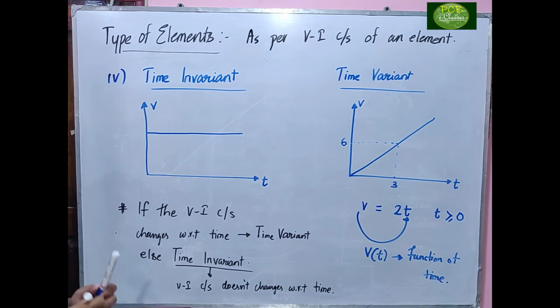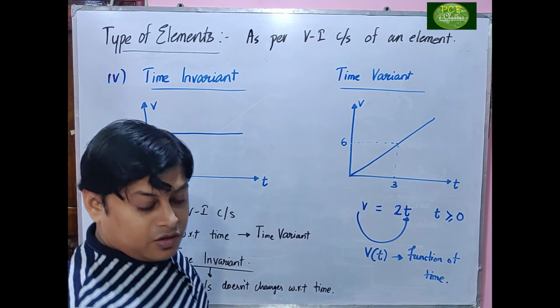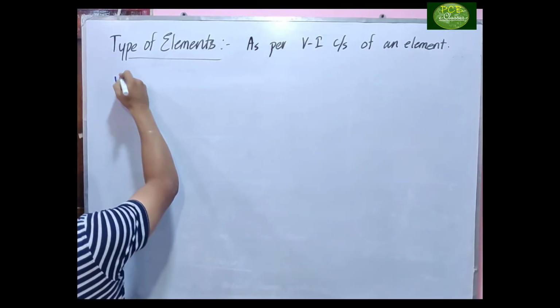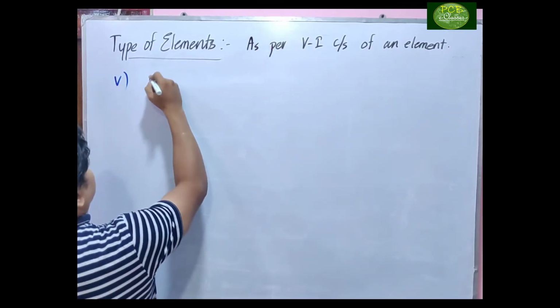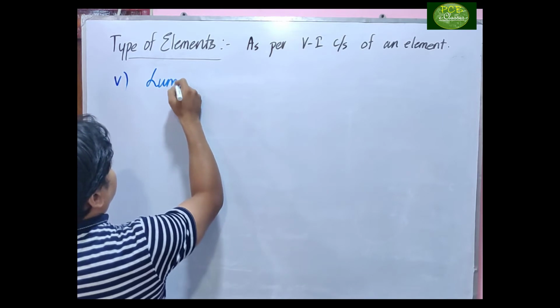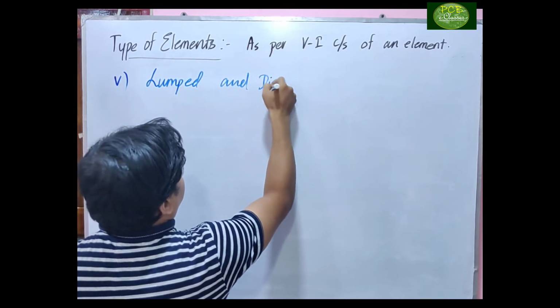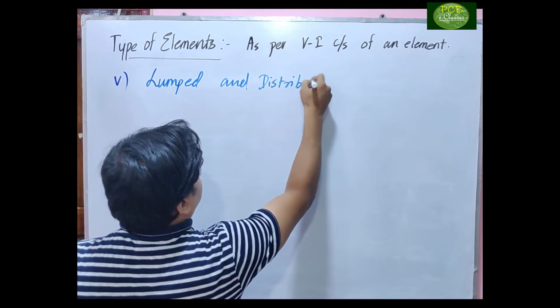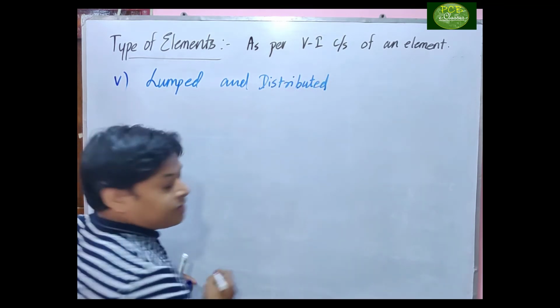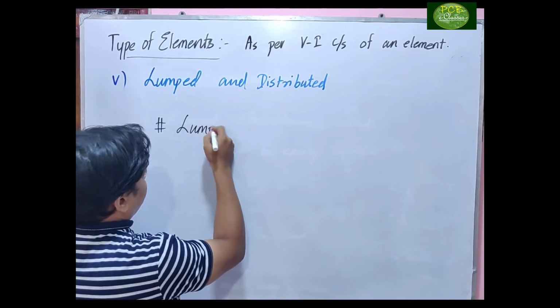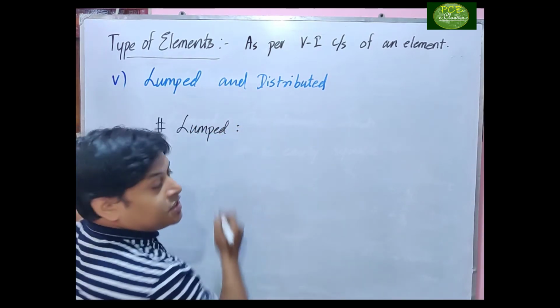Fine. Okay. Moving to the fifth one. We'll see the fifth one. It is lumped and distributed parameters. Lumped means what?